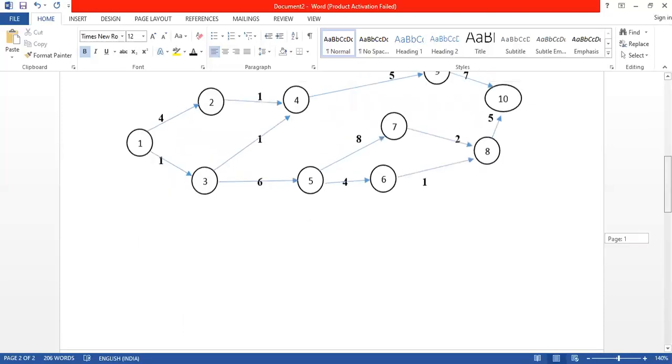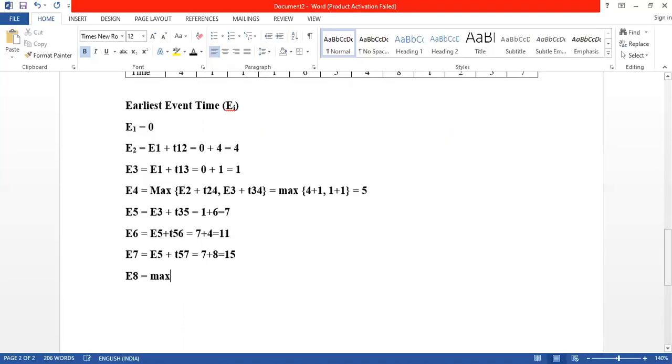Go to diagram again. 8. Again 8 can be reached from two different events. From 6 also you can reach, from 7 also you can reach. If we are reaching from 6, it is E6 plus T68. Or if we are reaching from 7, it is E7 plus T78. So we have to choose maximum between E6 plus T68 or E7 plus T78, right?